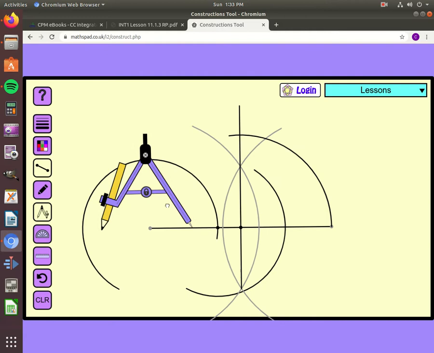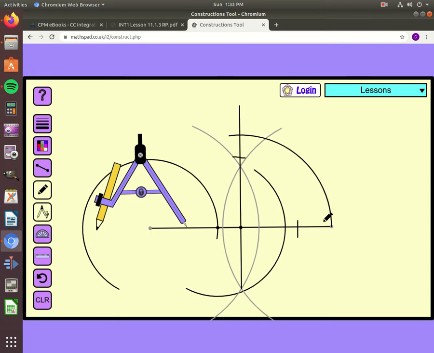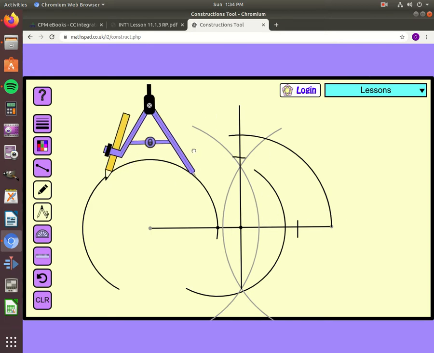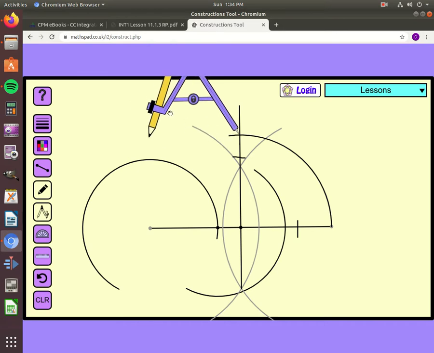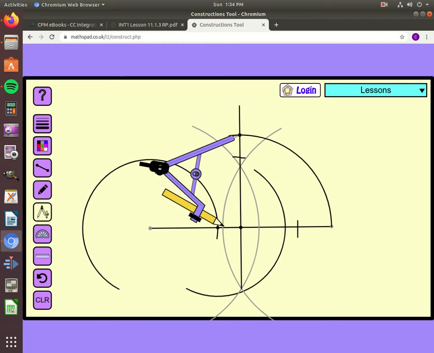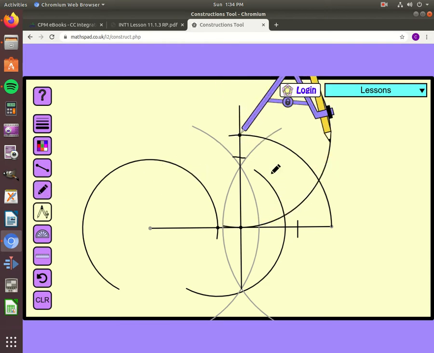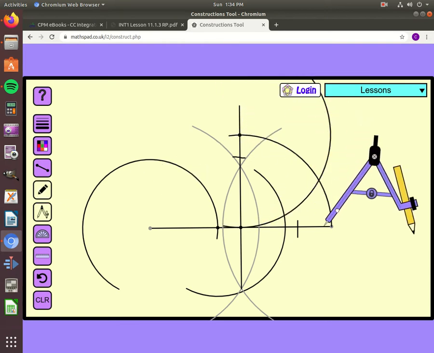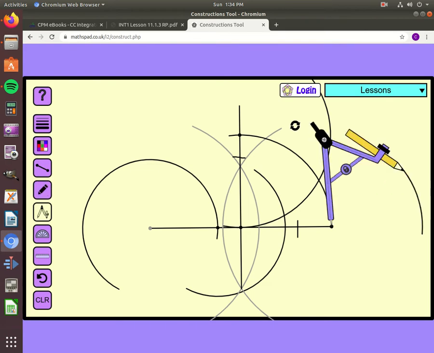So I can go here and I can say, hey, look, I know that this is the same side length as this because they have the same radius. Well, I can use that logic over here and do the same thing because these lengths are not any different, right? It's a square we're talking about, so it doesn't matter if I connect this arc and this arc. I know that these side lengths have to be the same as well.